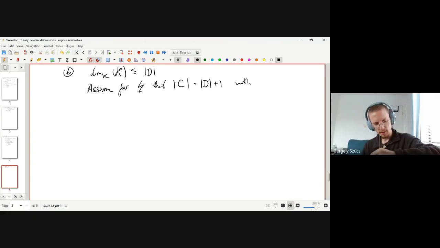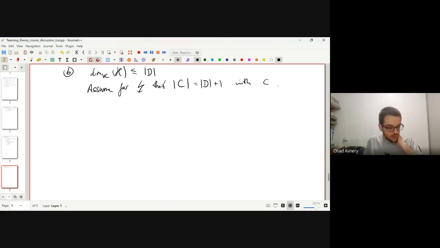I write out explicitly the elements of C as V1 up to Vm, where each Vi I think of as an assignment. It's a function from D to 0, 1 that says for each variable xi if it's true or false.